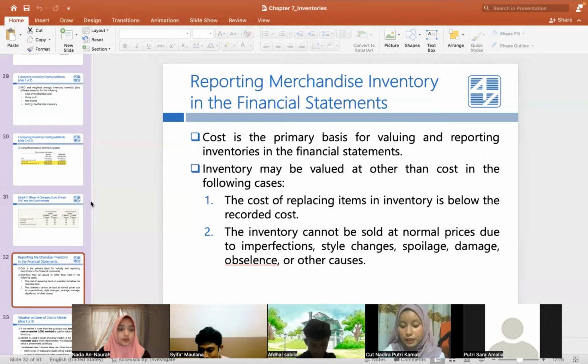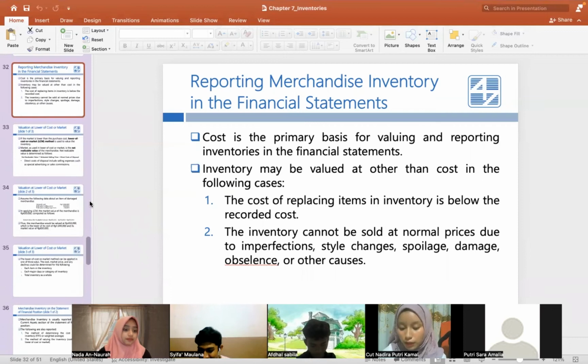And secondly, the inventory cannot be sold at normal prices due to imperfection, style changes, spoilage, damage, obsolescence. It is when the thing is no longer used, so the quality is lost, and other causes.